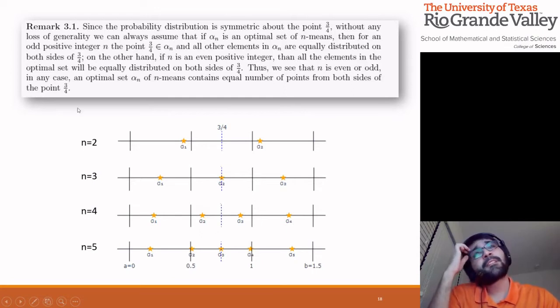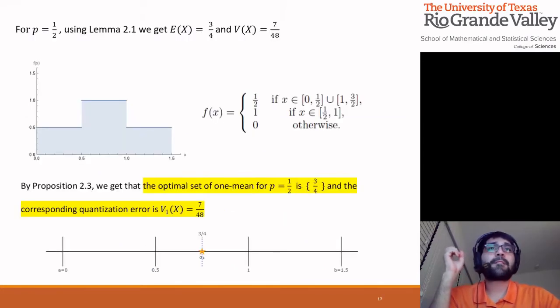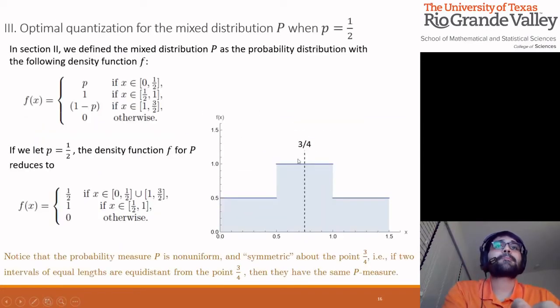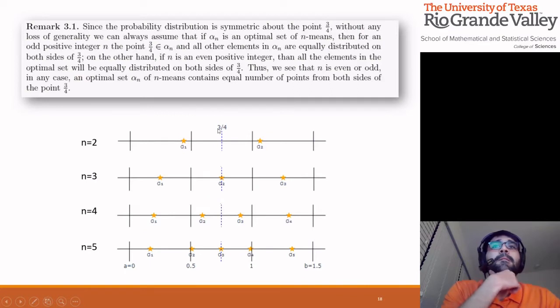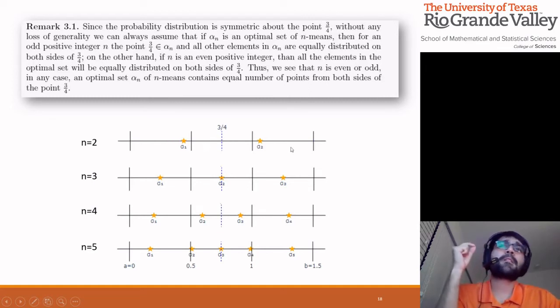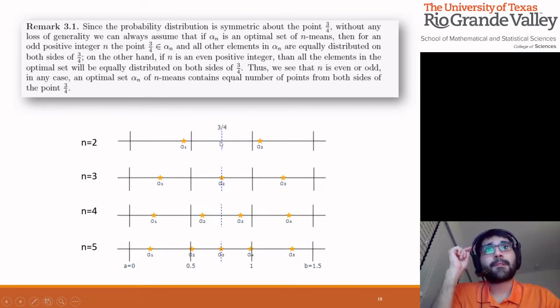So this is basically saying that 3/4, because it's in the middle, as I showed here, we can find the quantizers in the left side of 3/4, and by symmetry, we can calculate the quantizers that appear in the right side of this line segment, right side of 3/4.